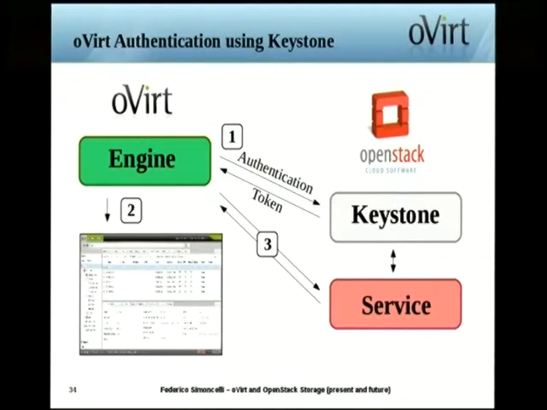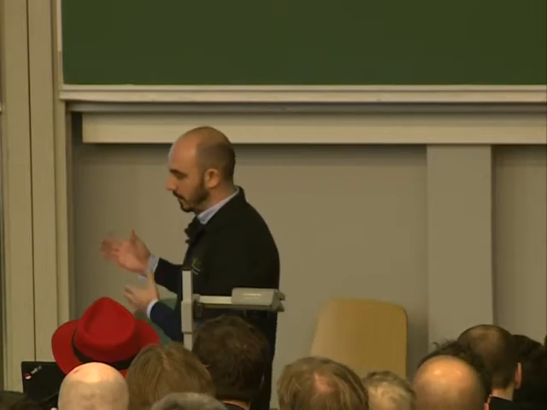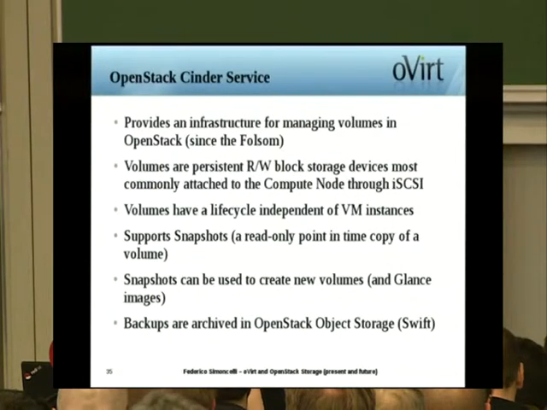Another service in the storage area that we want to integrate with is the Cinder service, which provides basically an infrastructure for managing volumes. Since Folsom, because previously it was part of the compute node of Nova, it has been separated into a specific project itself, that is Cinder.